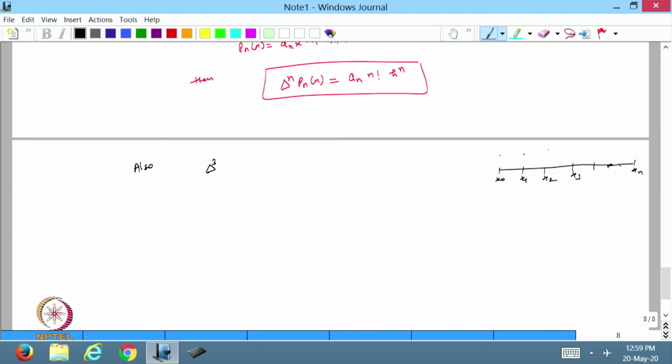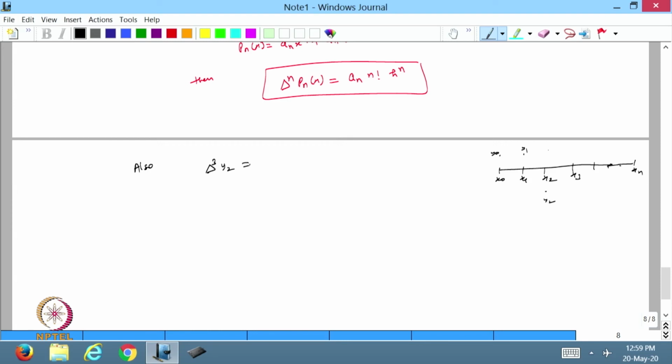So I have a value at x_0, suppose this is my y_0, this is y_1, and this is y_2, like this. So suppose I apply this one on y_2.